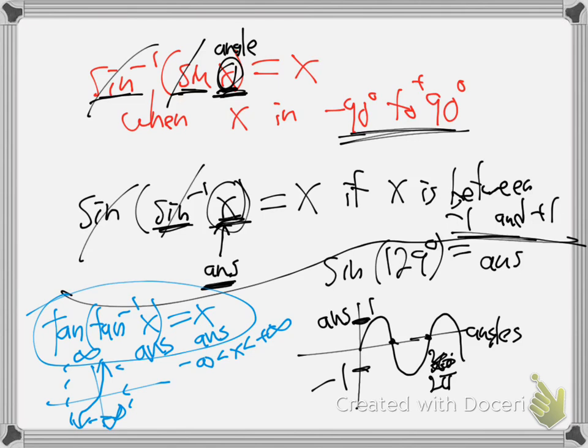But the trick with the zone is you've got to determine if that x is an answer or an angle. If it's being plugged into the inverse function, it's an answer. So then you've got to know the answer zone for tan inverse is -infinity to +infinity, but for sine and cosine, it's -1 to +1, isn't it? Remember the graphs. Okay. So with all that, I think we're ready to answer this next question.